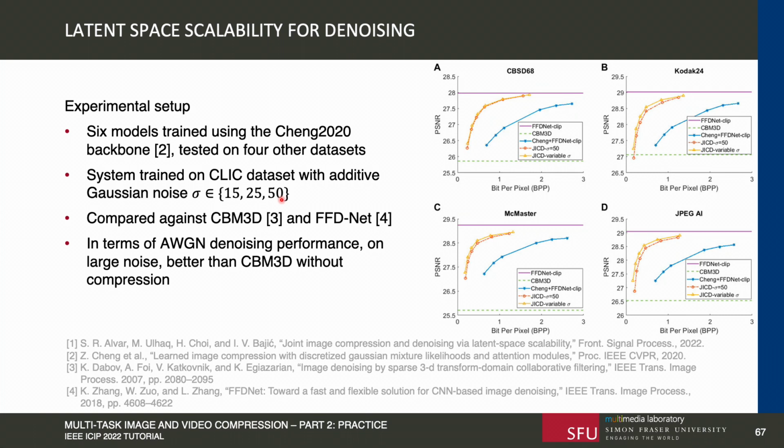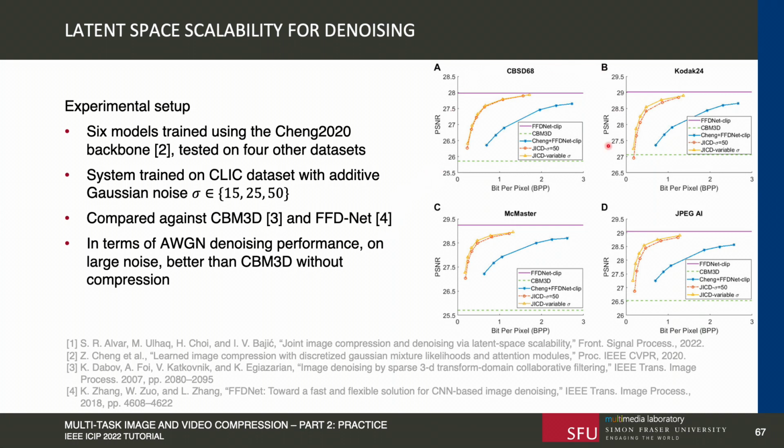The systems compared against are CBM3D, which is the sort of gold standard handcrafted denoiser for color images, and FFDNet Clip, which is a state-of-the-art trained model for clipped noise.